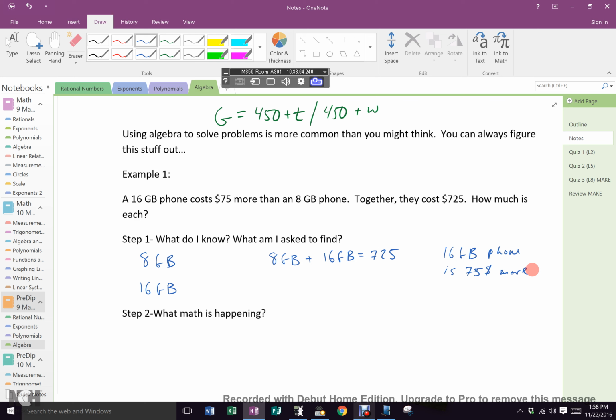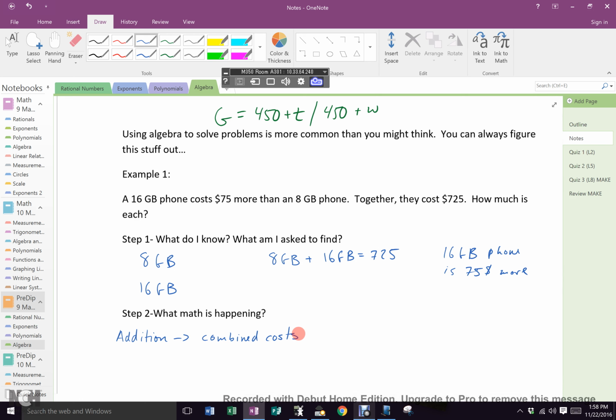Sam: Between the 8 gig and 16 gig. Here's some math. There's some addition. Where is that addition? In the combined costs. Is there any other math happening?